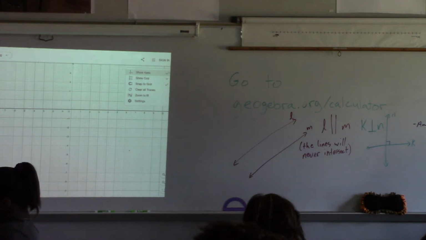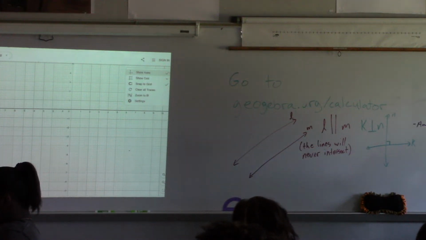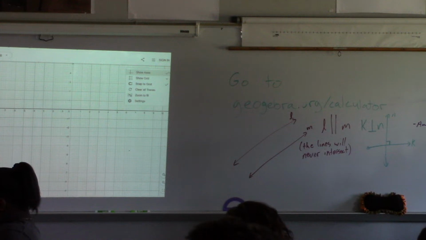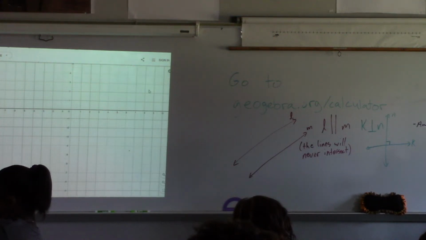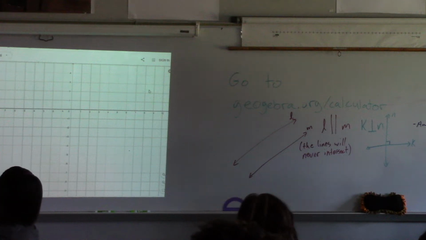So we go to the settings, the gear in the upper right corner. And then what are we doing after that, Gabe? What does it tell us to do? Click show axis and show grid, right? We already have the axes, but we only want the major grid lines. And then it should look like this.